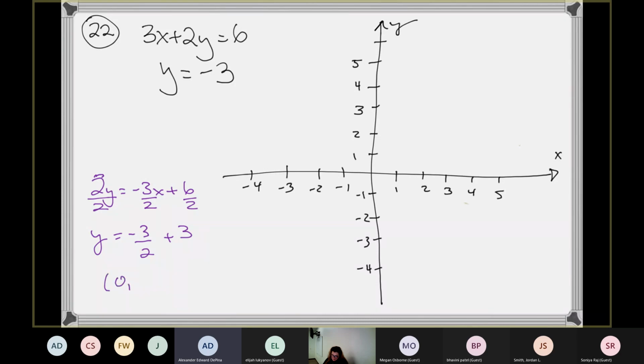The y-intercept is 0, 3, and m is -3/2. So let's do this one first. 3, and we're going to go down 3 over 2. And we end up right here. Down 3 over 2.